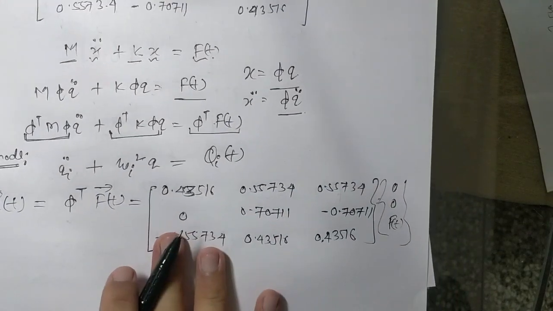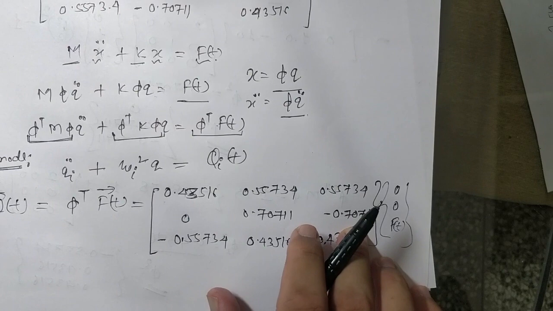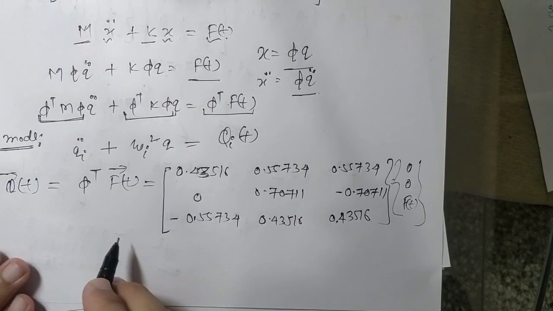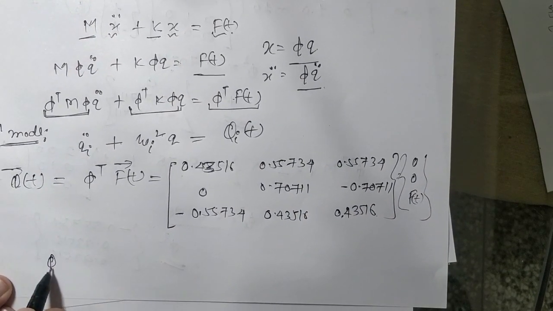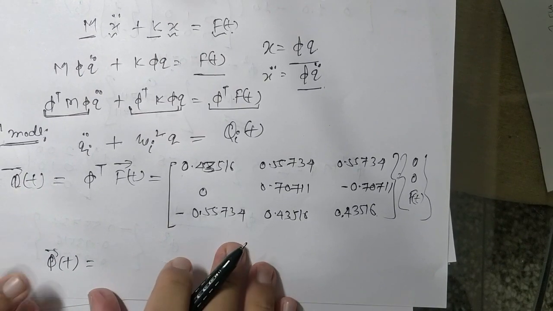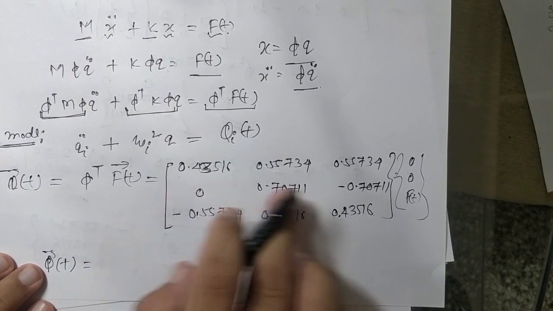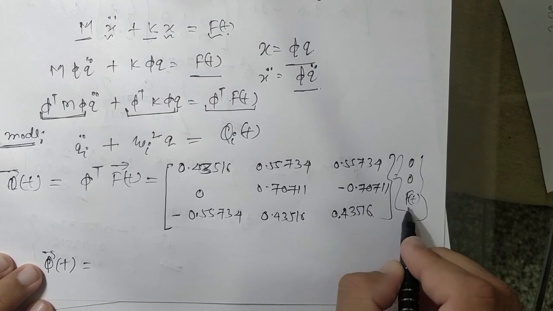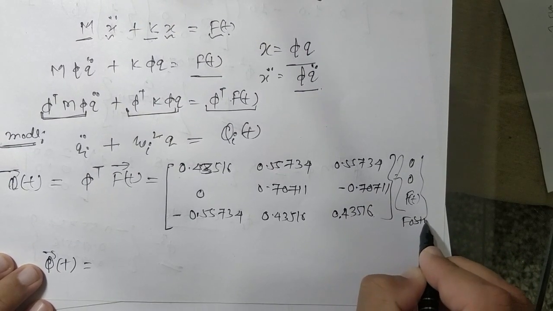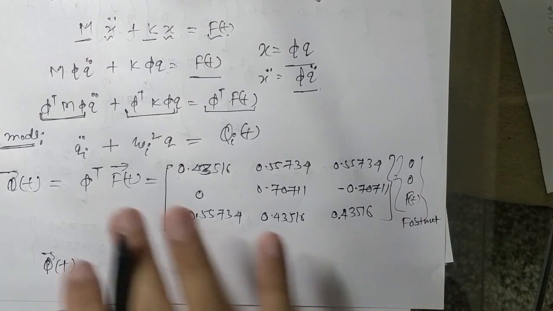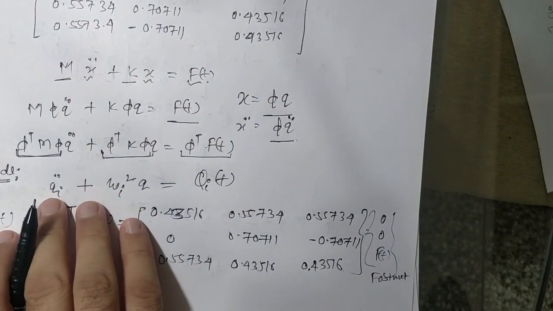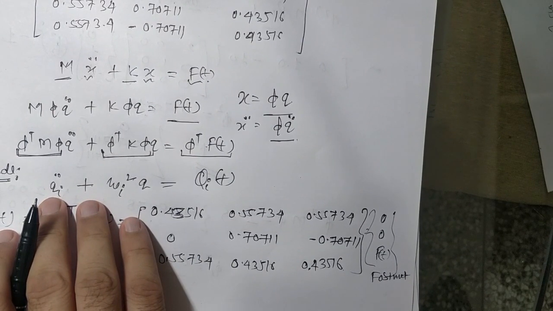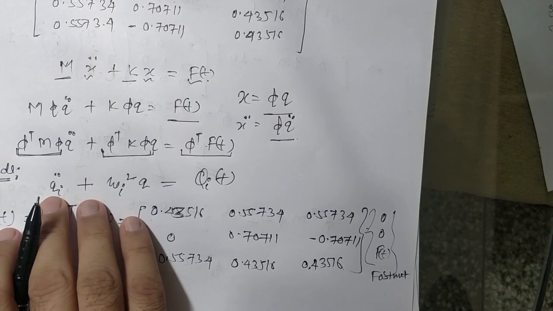If we solve this, we'll get the value of the generalized force vector Q(t). F(t) was F naught sin omega t, and F naught was 5 and omega was 10.